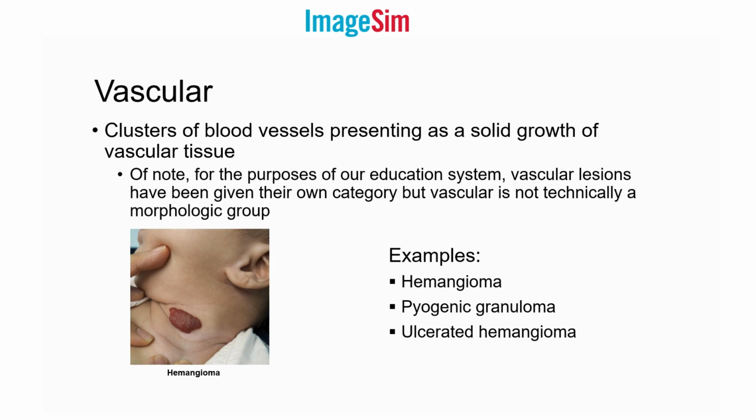Vascular are clusters of blood vessels presenting as a solid growth of vascular tissues. Of note, for the purposes of this tutorial, vascular lesions have been grouped and given their own category, but vascular is not technically a morphologic grouping. Examples include hemangioma, pyogenic granuloma, and ulcerated hemangiomas.